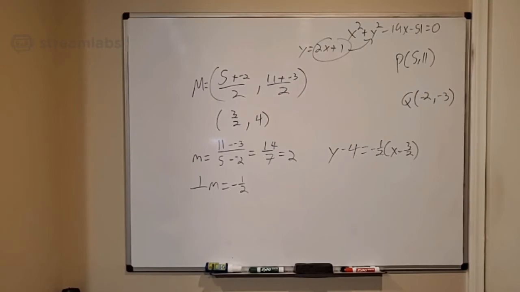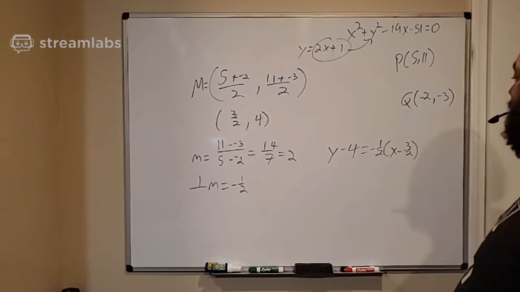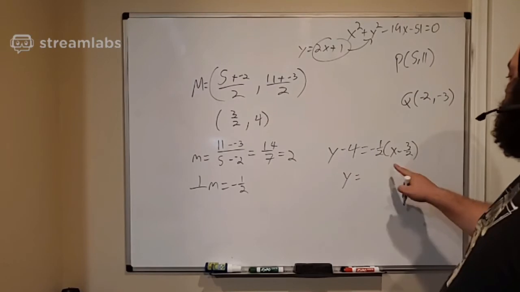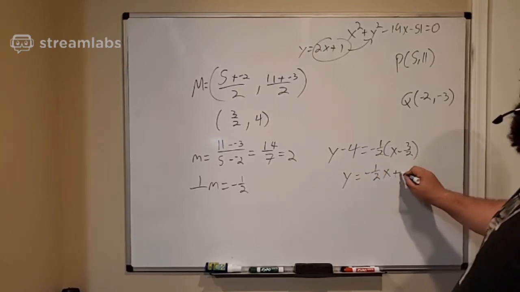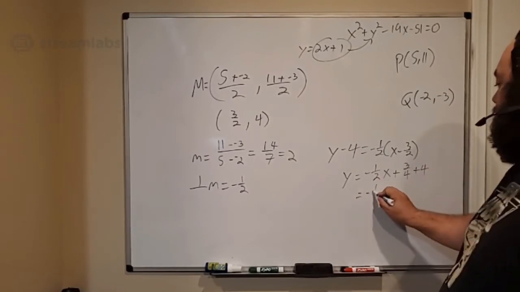And then C, find the x-coordinates where the perpendicular bisector intersects the circle. So that's just the same thing. You just plug that into the equation of the circle. It becomes not nice because it is fractions, so it sucks, but it is what it is. Can't do much about that. So you get y is equal to negative 1/2 x plus 3/4 plus 4, which is 19/4.